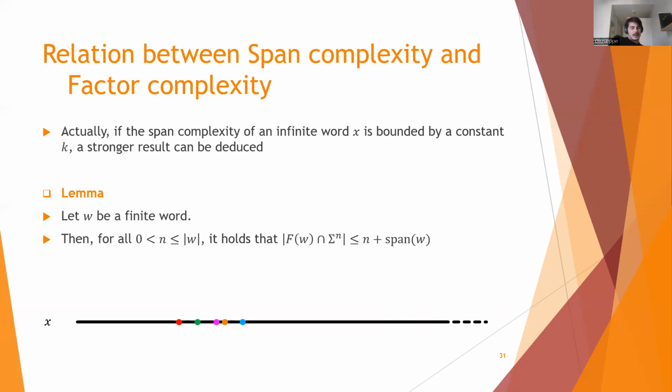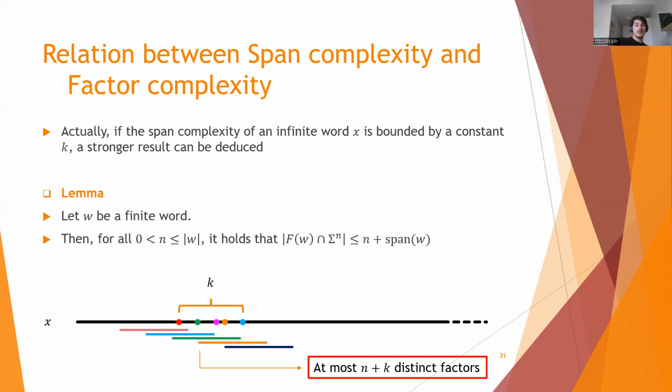The idea is similar to the bounded leftmost. However, in this case, if we have a certain span k, then how many factors of length n can we have? At most n plus k distinct factors.